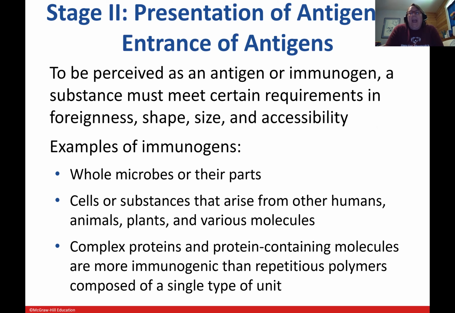Complex proteins and protein-containing molecules are more immunogenic than repetitious polymers of a single type of molecule in general. Basically it's because there are just more antigenic places. If you have a polymer and that particular molecule isn't especially antigenic, then having lots and lots of those isn't going to be any more immunogenic than possibly having all different kinds of proteins or protein complexes that the immune system may be able to recognize.